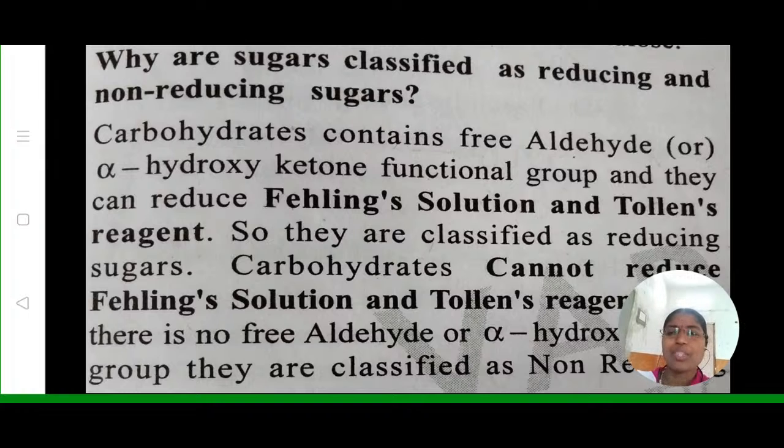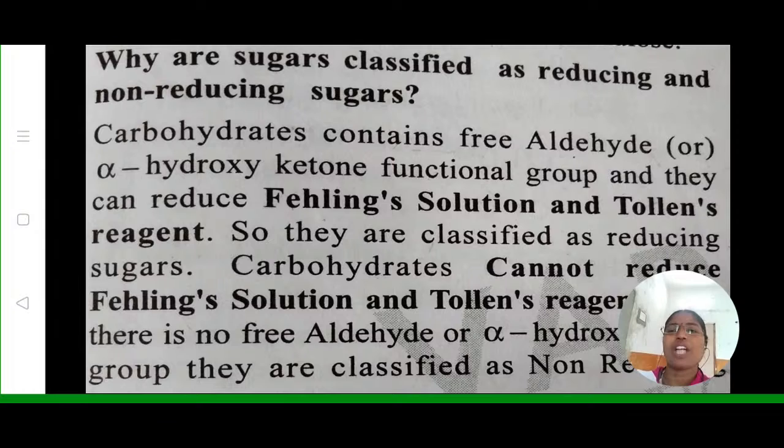So they are classified as reducing sugars. Again I repeat, the carbohydrate which reduces Fehling's solution and Tollens' reagent is classified as a reducing sugar.